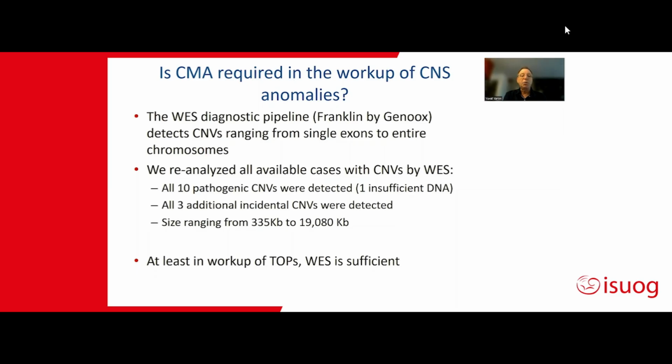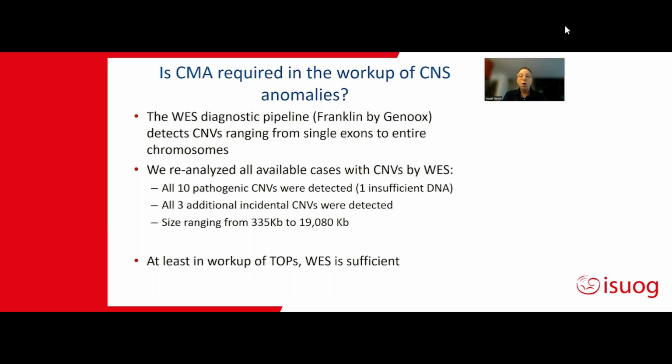So what we did was we reanalyzed all the cases that had positive copy number variants by whole exome sequencing, and we were able to detect all 10 pathogenic copy number variants using the whole exome sequencing. And we had additional copy number variants that were benign, but still were detected in these cases.